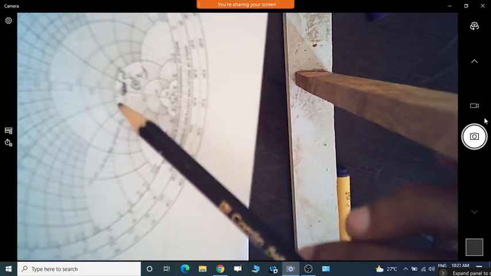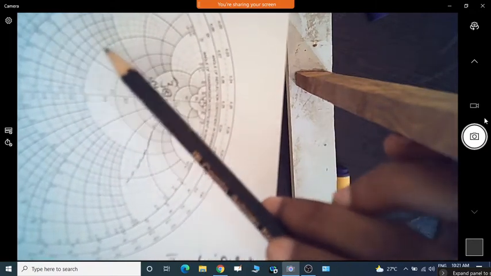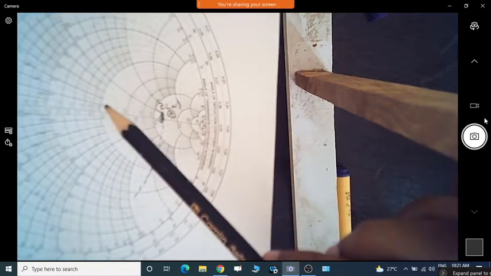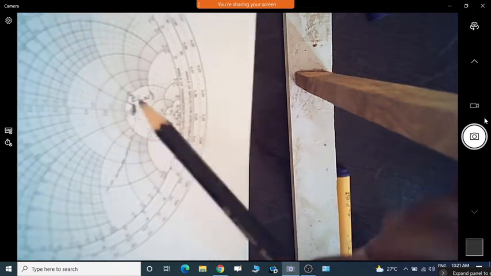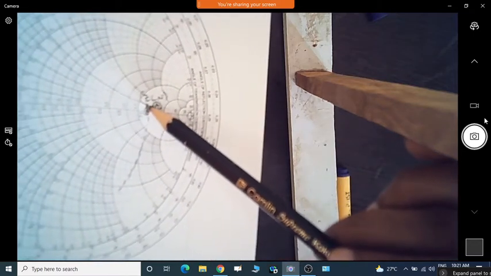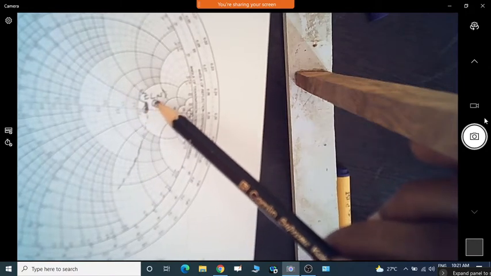We move on the resistance circle upwards, because we are adding the inductance, the series inductance offered by the series reactance. Since there is only a small variation at point A, we cannot find it out precisely.